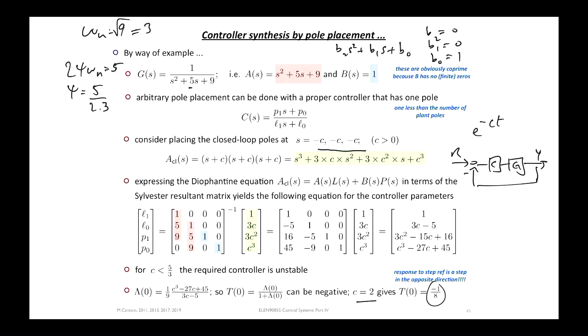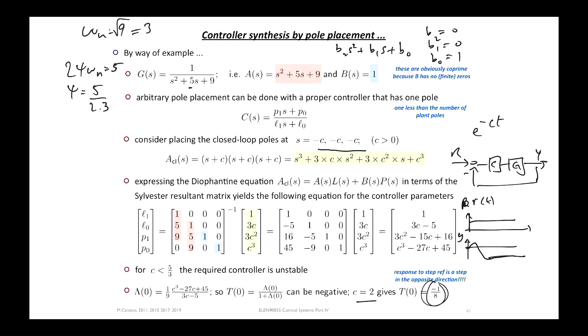So if I made R of t a step in the time domain, you're going to get Y probably doing this. It's going to go in the wrong direction because it has negative DC gain.